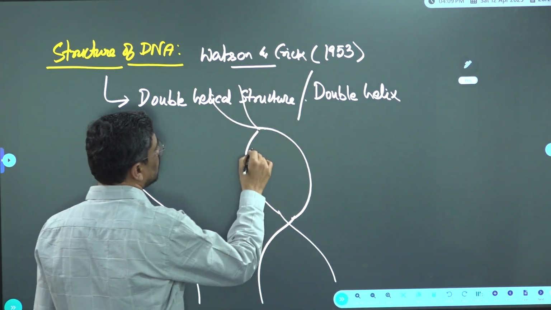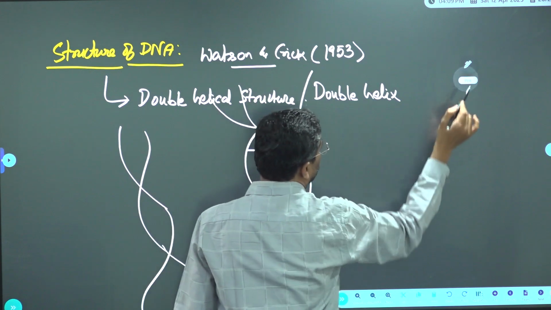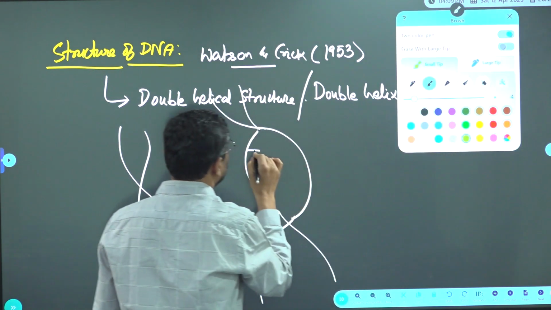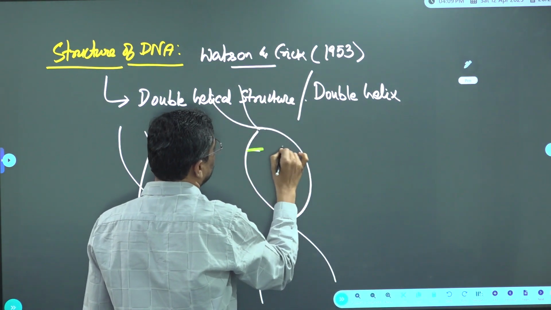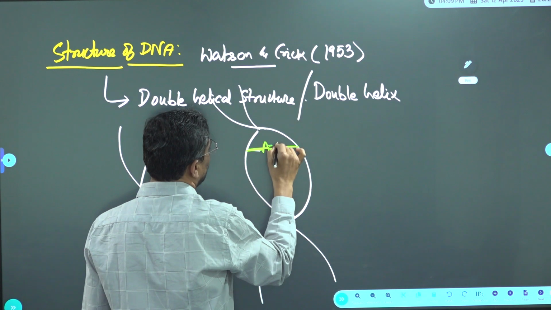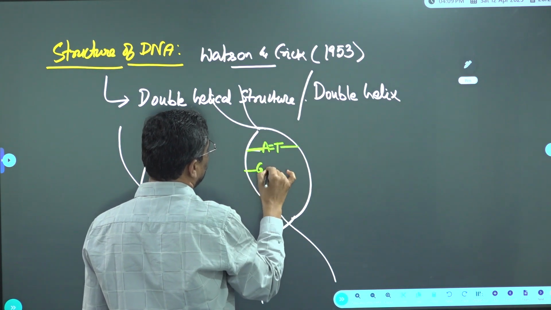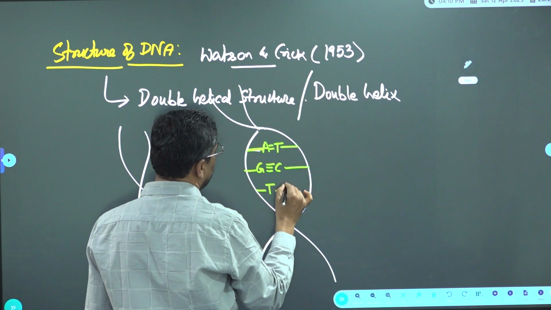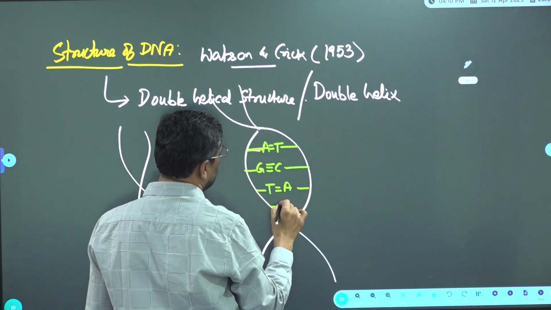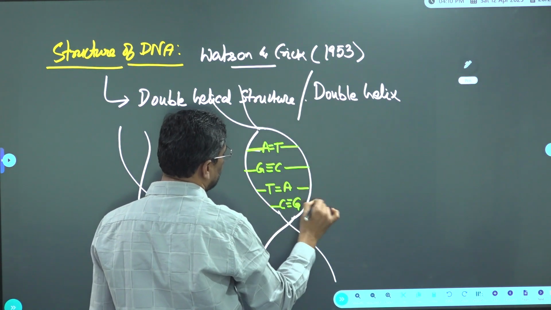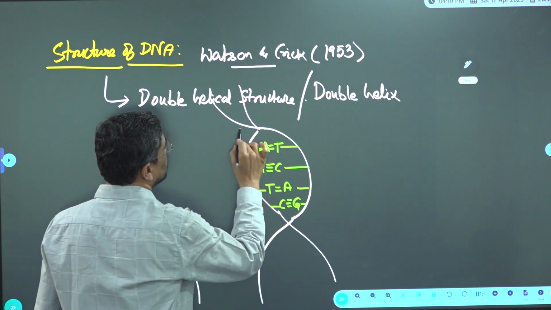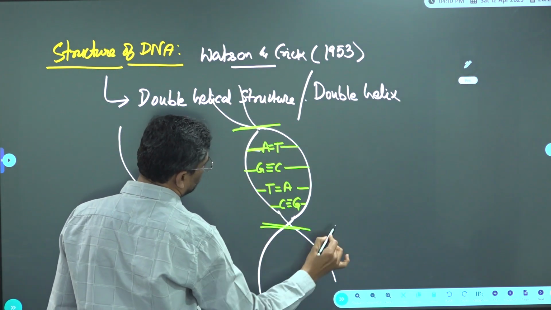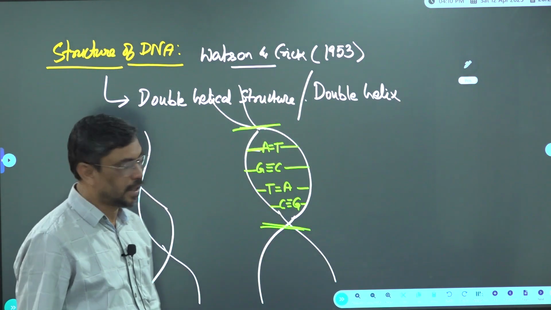In this helix, the nitrogen bases are arranged like this: A double bond T, G triple bond C, T double bond A, C triple bond G. So this is called a helix.